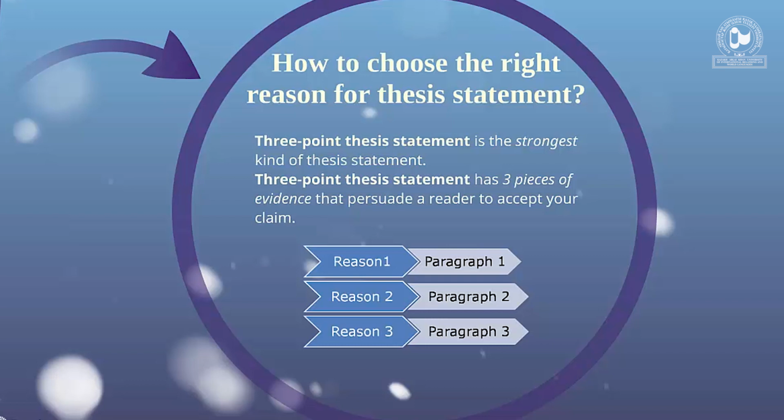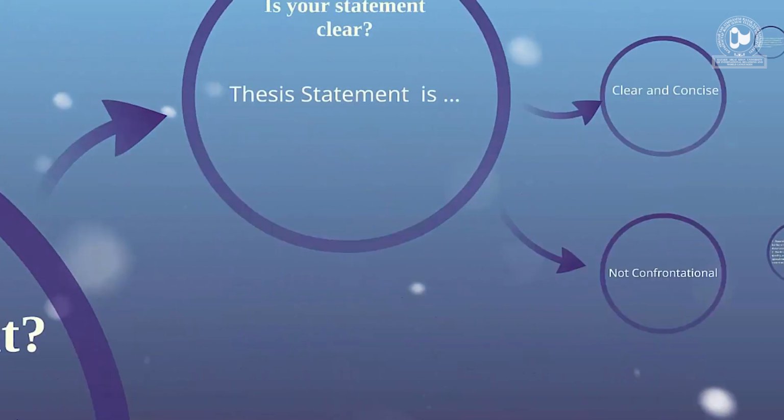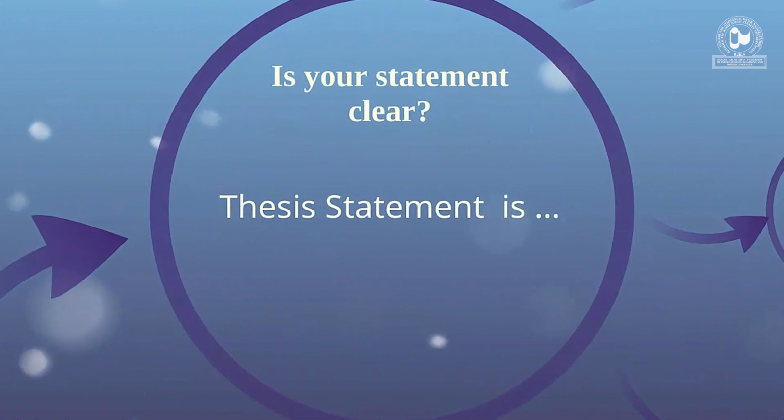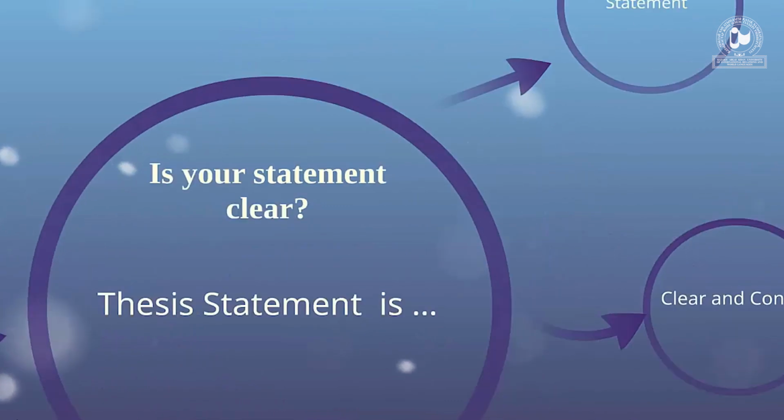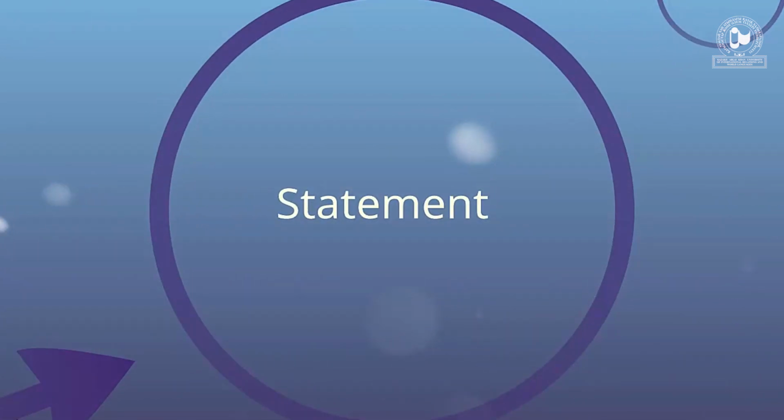and create a predictable organizational structure. The final stage in creating the thesis statement is to consider whether your thesis statement is clear or not. In this regard, the statement should be, first, a statement. The thesis statement is a statement, it's not a question, and you cannot grab your reader's attention by asking a question.